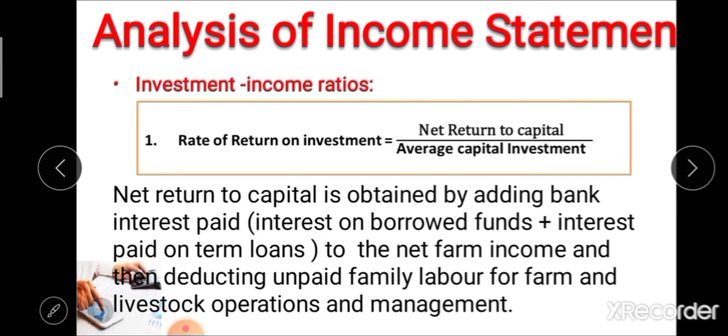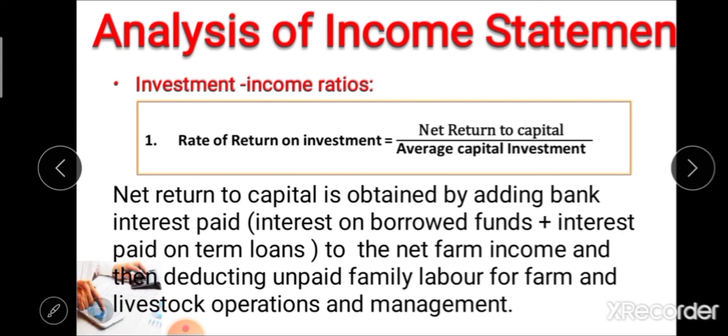This net return to capital is calculated by adding bank interest, that is interest on borrowed fund plus interest paid on term loan, to the net farm income, and then deducting unpaid family labor for farm and livestock operations and management.